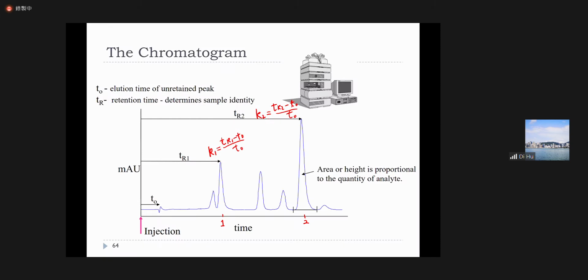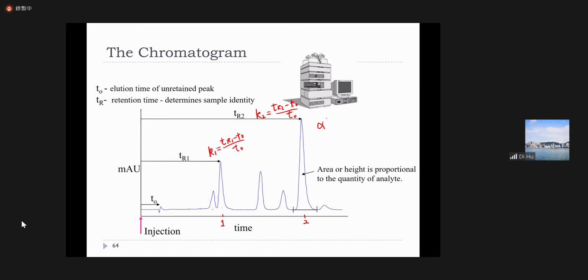That means how well they are retained by the column, right? The larger the k value, the more solubility or affinity it has to the column, right? Okay, and when we want two compounds like this to be well separated, when we look at the separation of peak 1 and peak 2, we use the separation factor, alpha, the selectivity factor.